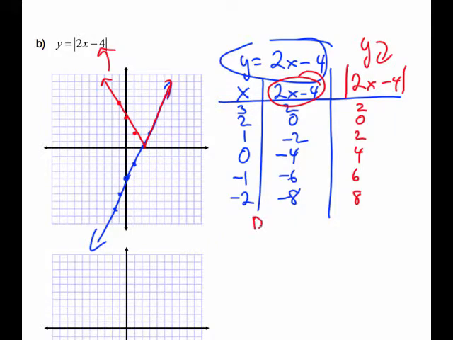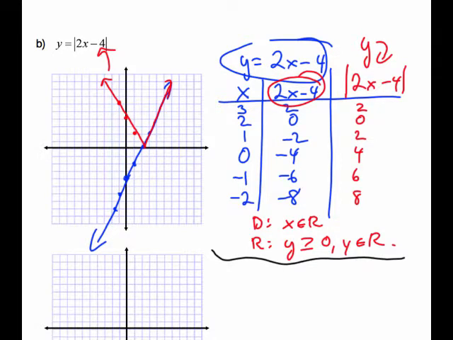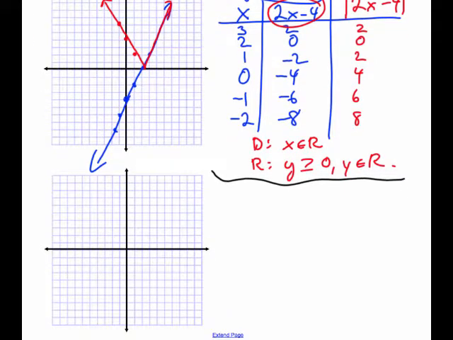Okay, you can see that the domain is all reals and the range is y greater than or equal to 0. Alright, we could also interpret our absolute value function as a piecewise function.